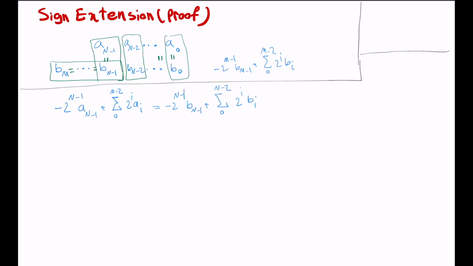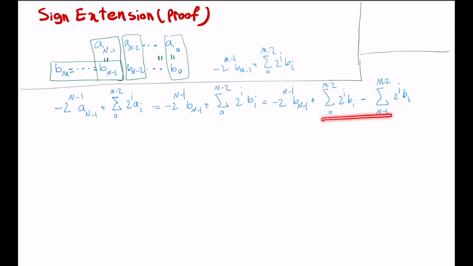So let me just take this sum and rewrite it as follows. I'm copying the first term. That first term I'm going to write as the sum from 0 to m minus 2 of 2^i times Bi, minus the sum from n minus 1 to m minus 2 of 2^i times Bi.